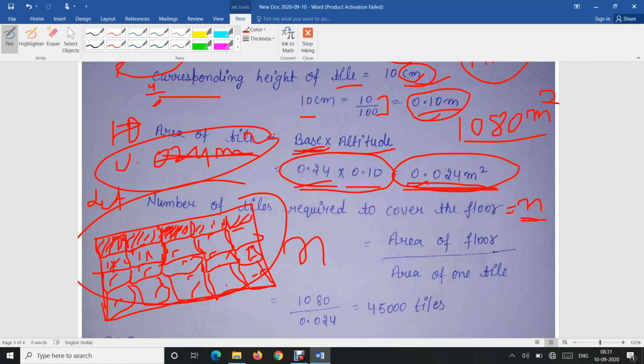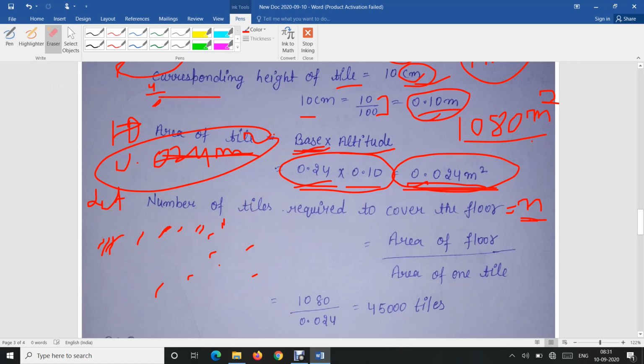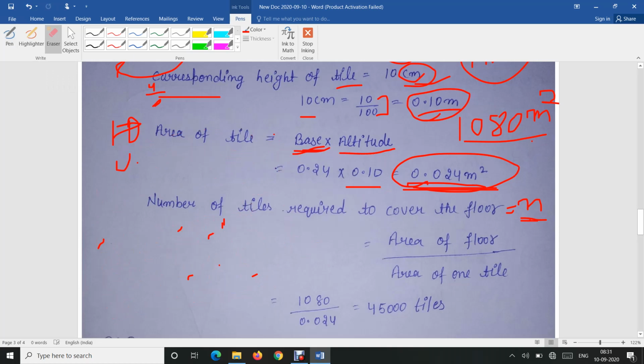We did the same thing here: if we consider there are n tiles, then the total area is n, the number of tiles, multiplied by the area of one tile.